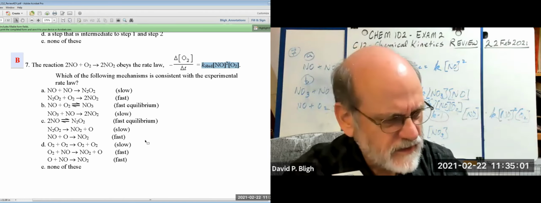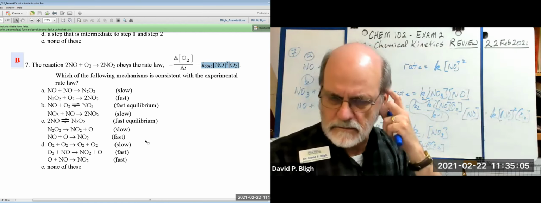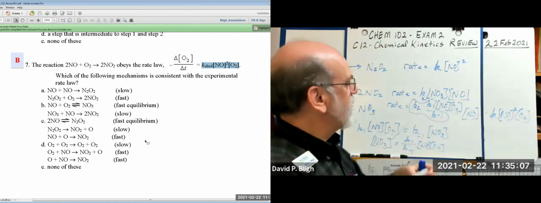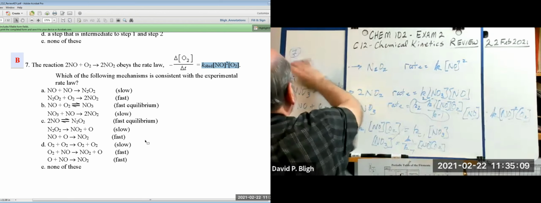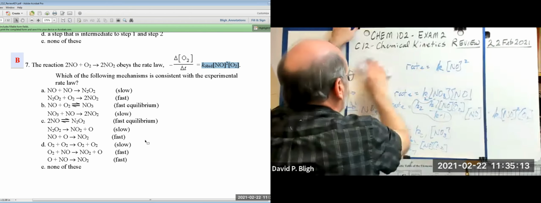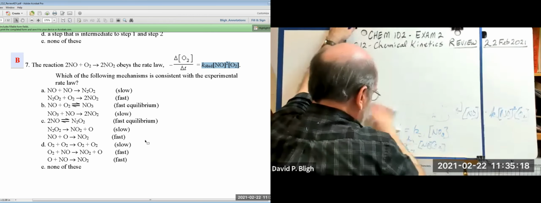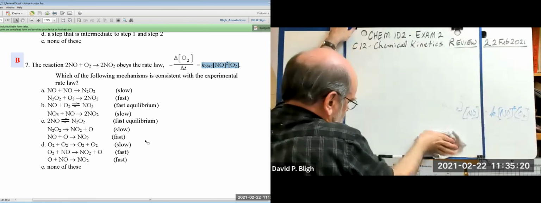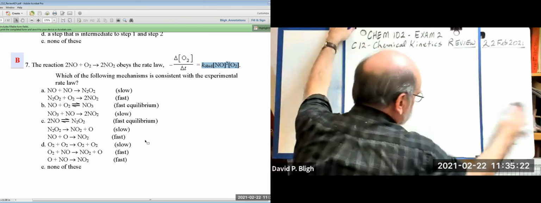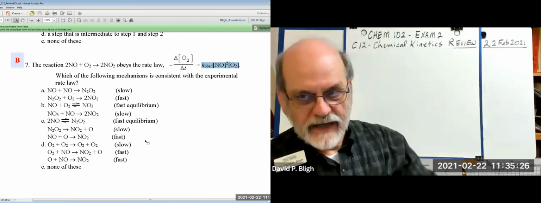Oh, I did mention the possibility that I would show you how the half-lives were derived. Maybe we'll do one of them, just so you can see that they weren't just pulled out of thin air.